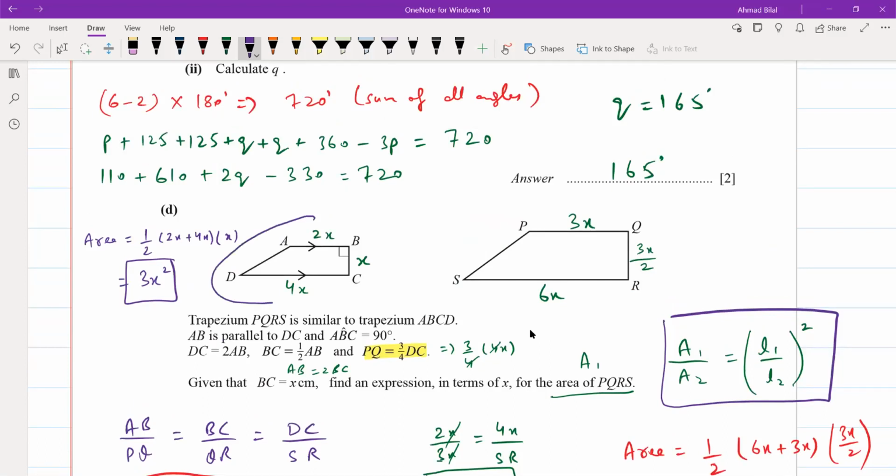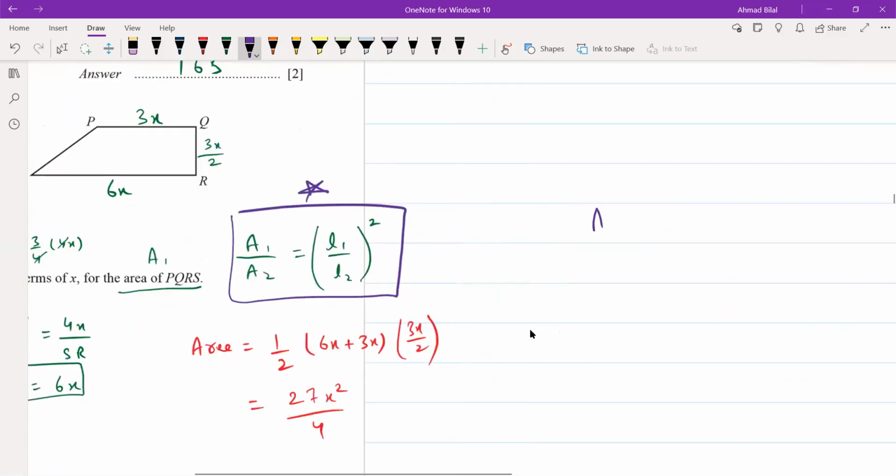हम इसका एरिया निकाल लेते, राइट? इसका एरिया आ गया 3x square, और फिर आप क्या कर सकते थे, ये रेशियो यूज कर सकते थे. उससे क्या होता, you would say a1 over 3x square.